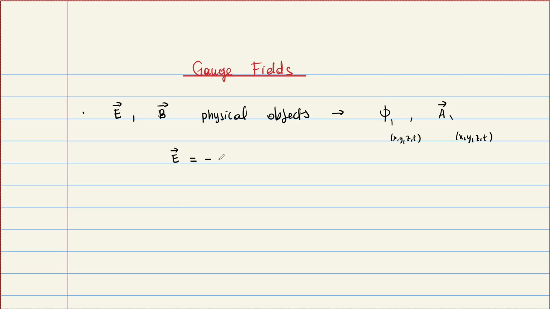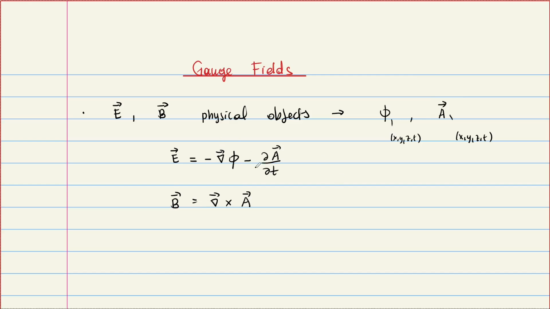So this is minus gradient phi. What if I also have vector potential? Anything to change here? What's that? Yes, thank you. So this is minus del A, del t, and B is a little bit simpler. B is curl of A, right? Once you have A and phi, you can obtain physical fields.